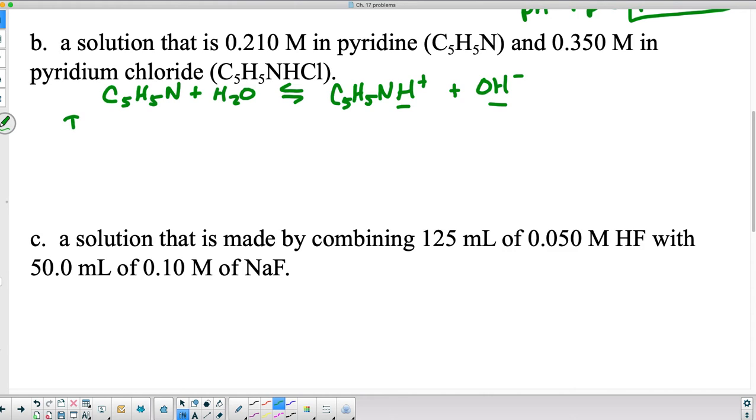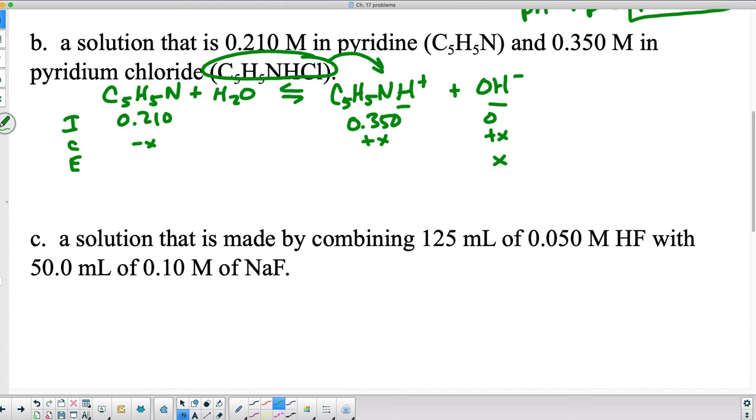So we're going to do our initial, change, and equilibrium. I'm going to squeeze it all together. This one starts off with 0.21. This one starts off with 0.350, which is this concentration. This one starts off at 0. We're not counting H2O. The change is a minus x, plus x, plus x.